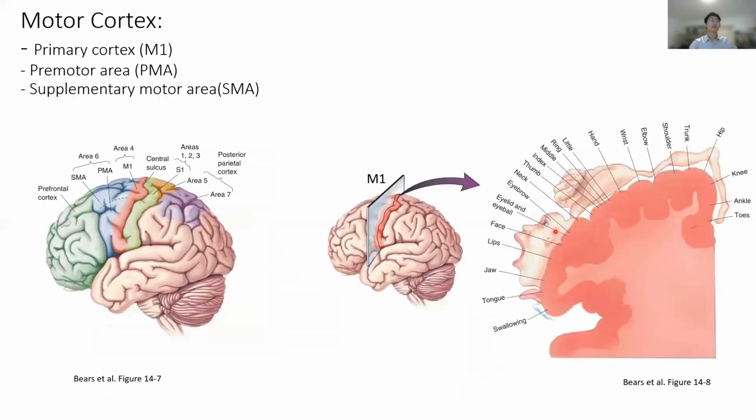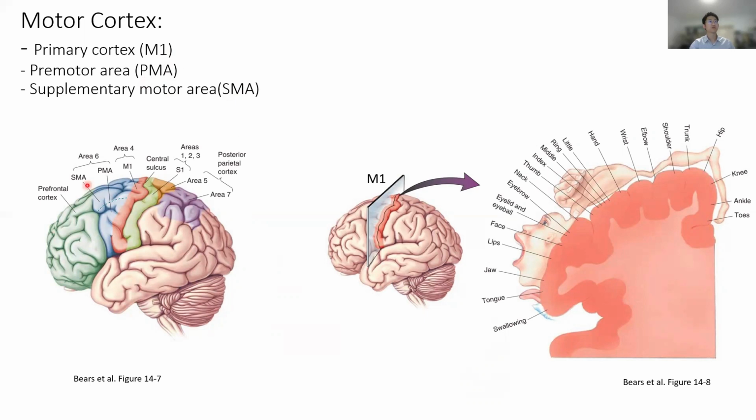The motor cortex consists of three parts: the primary motor cortex, usually referred to as M1, the premotor area, PMA, and the supplementary motor area. For the SMA, we are not going to talk about it. We mainly focus on M1 and PMA today.